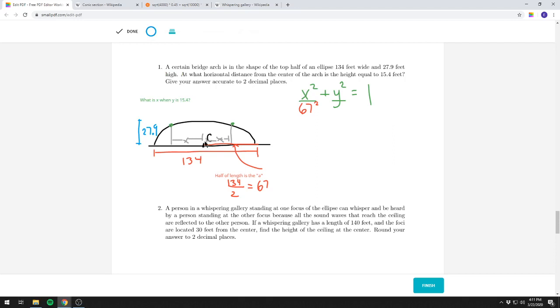Now the number that goes above or below the y squared is b squared. But since this is already half of an ellipse, this is not something we want to cut in half. 27.9 is exactly our b because it's already half of the ellipse. Let's go ahead and write that in.